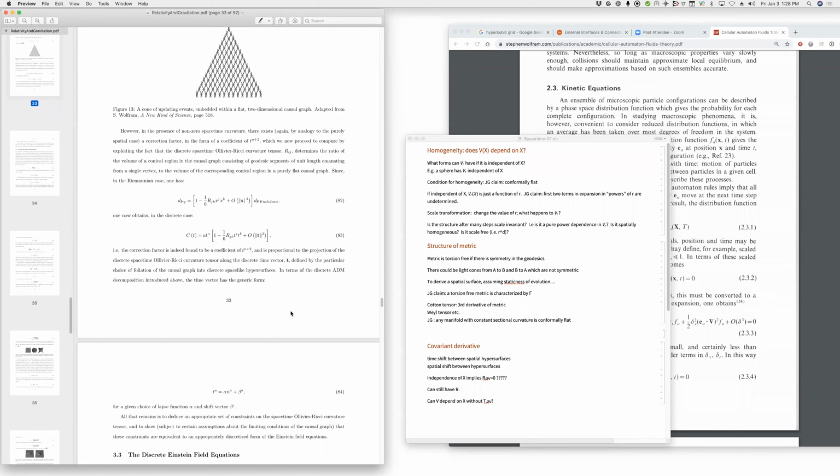There's nothing to say that V of R should have only quadratic dependence. It has the form R to the D times 1 plus constant times R squared times whatever. Could be anything we want. And how would that show up? Interesting. That will show up in the large scale structure of space-time.